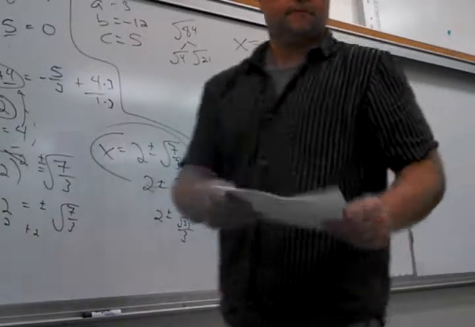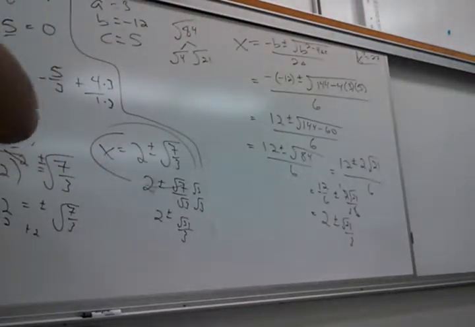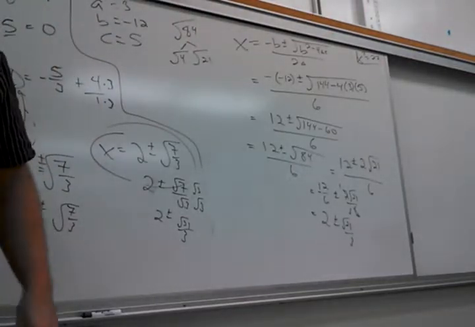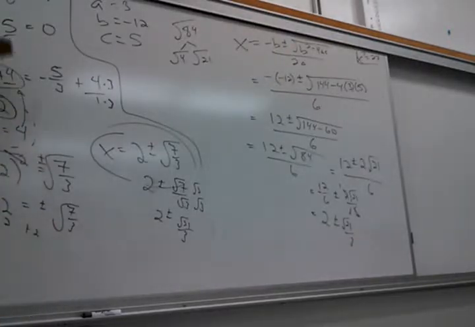All right. The first way we learned how to solve quadratic equations was just by factoring. Somebody had a question up here: when do I use the quadratic formula? Whenever you are unable to factor something. To be completely honest, completing the square is rarely actually used to solve something like this.